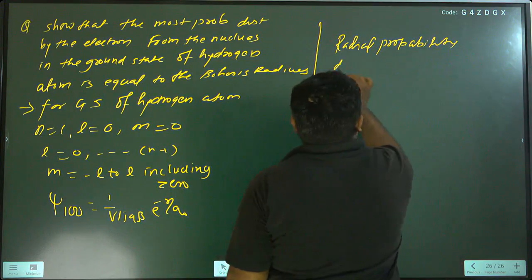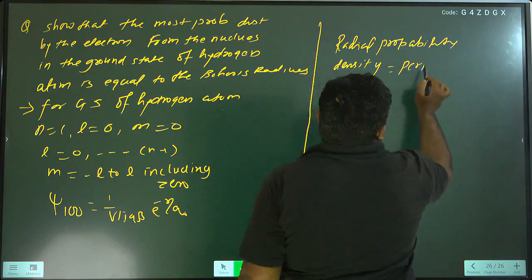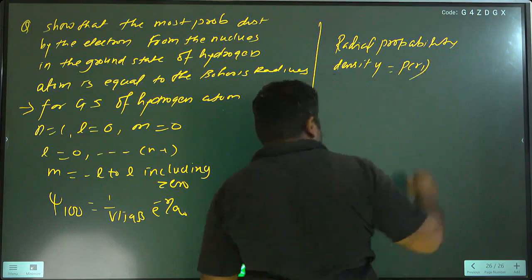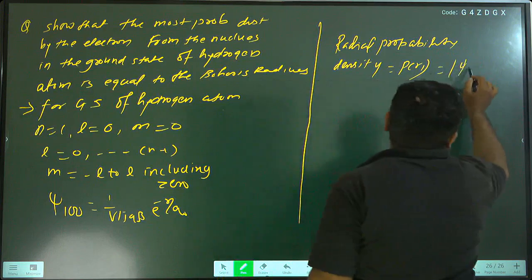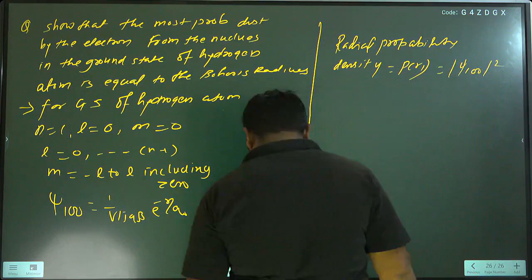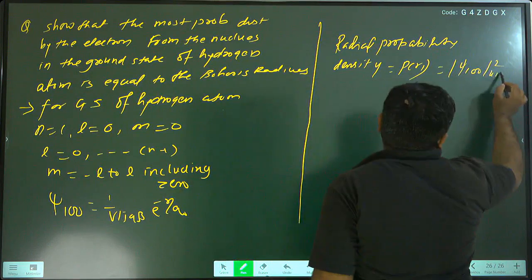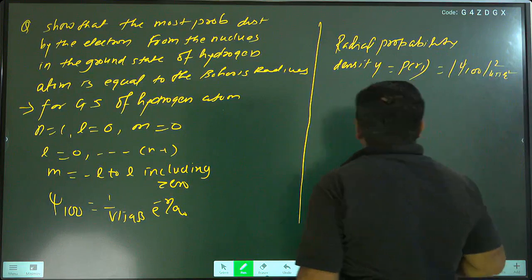What is the probability density formula? Psi into psi star. Yes or no? This is nothing but P of r, okay, is equal to how much? Psi of 100 mod square, yes or no, into how much? 4 pi r square.